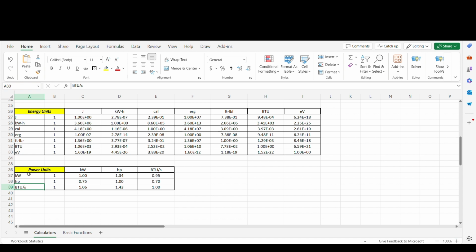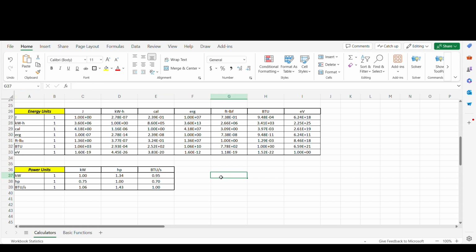If you have something in ergs, just convert ergs to joules or BTUs or foot pounds or whatever will fit down here, right? And then, excuse me, if you have energy in joules, you could utilize the fact that a watt is a joule per second, and then you could go right into kilowatts.